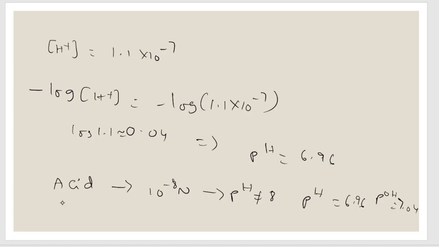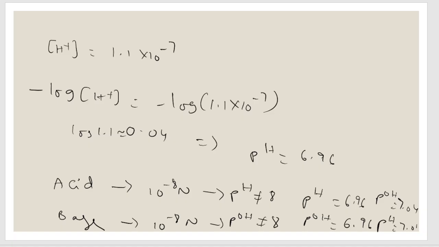The same you can apply even for the base. For a base, if 10 power minus 8 is the concentration, pOH will not be equal to 8. Again we take the OH minus ion concentration from the water, and in that case pOH will be 6.96, whereas pH is 7.04.